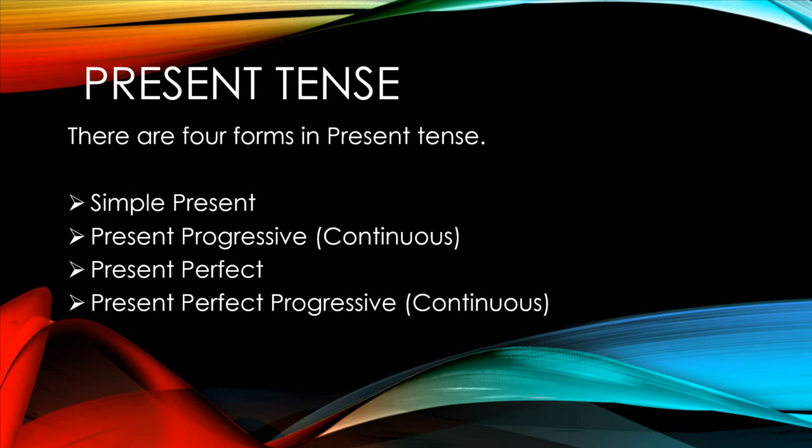So present tense also has four forms, and they are simple present, present progressive, which is say present continuous tense, present perfect, and lastly present perfect progressive, which is say present perfect continuous as well. So first of all, simple present tense.